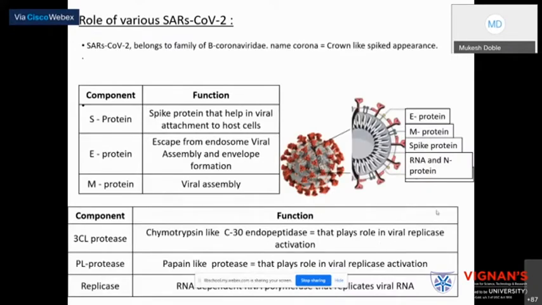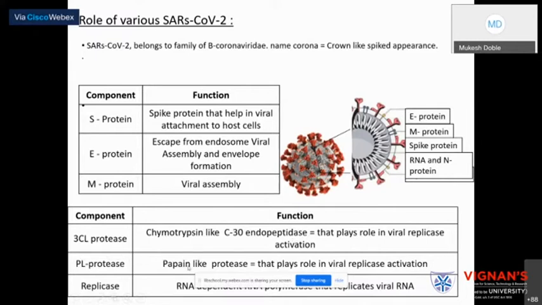So once more, we have the spike protein outside, which helps in viral attachment, and then the E protein, that is the envelope protein. Then we have the membrane protein, which encompasses your RNA, and inside we have the 3CL protease, which is more like a chymotrypsin-like protein.